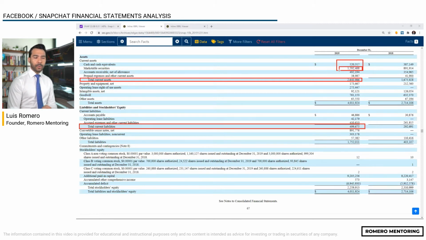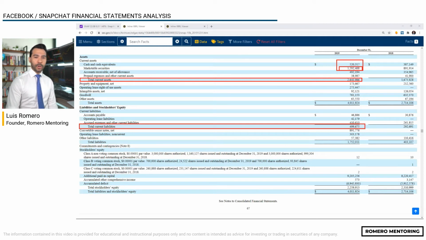So this is very liquid. Why would you own on the books $1.5 billion of marketable securities when you have more than enough capital to meet your short-term obligations? You should probably use the excess amount and reinvest it into the business to improve your operations, to improve the product, to come up with new features. Okay, so this is how I think about it.